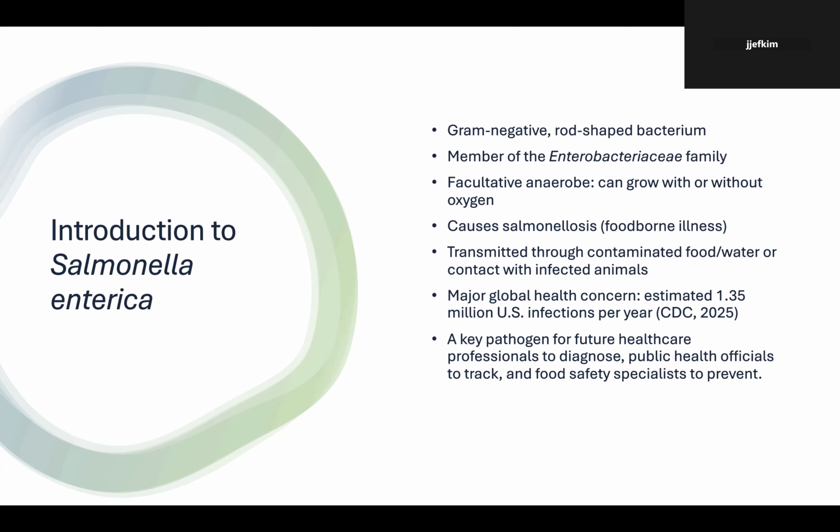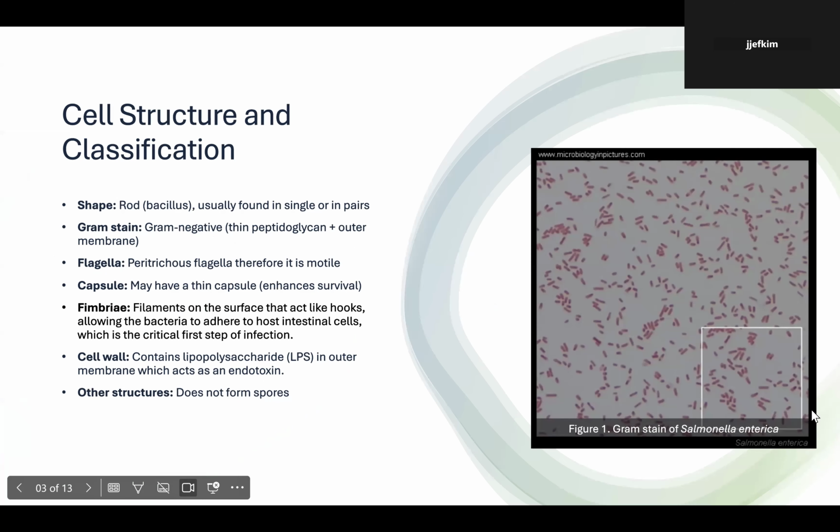Salmonella enterica is a rod-shaped bacterium, also known as bacillus. Under the microscope, it typically appears alone or in pairs.